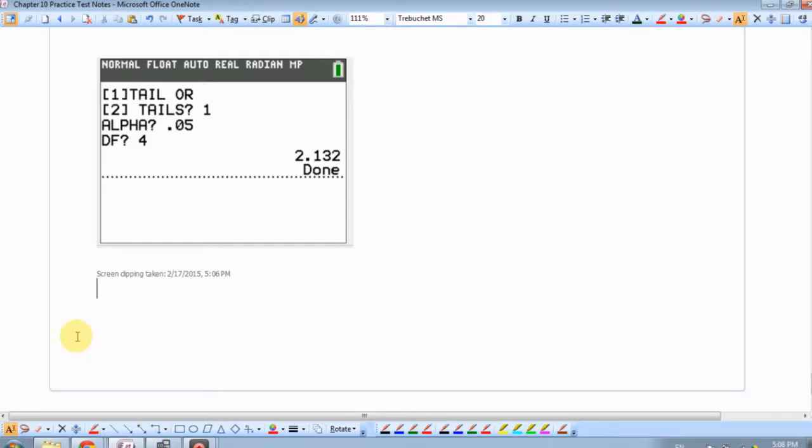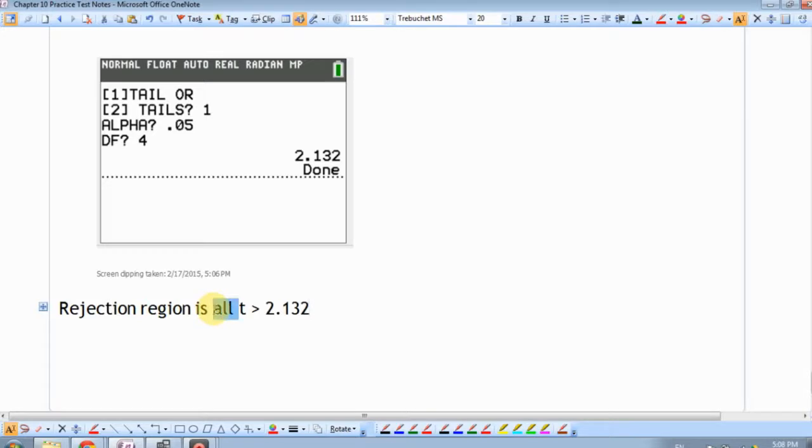The rejection region is all t greater than 2.132, or equal to as well. Our t was bigger than 2.132, so we are in the rejection region, another confirmation of rejection, again without computing a p-value.